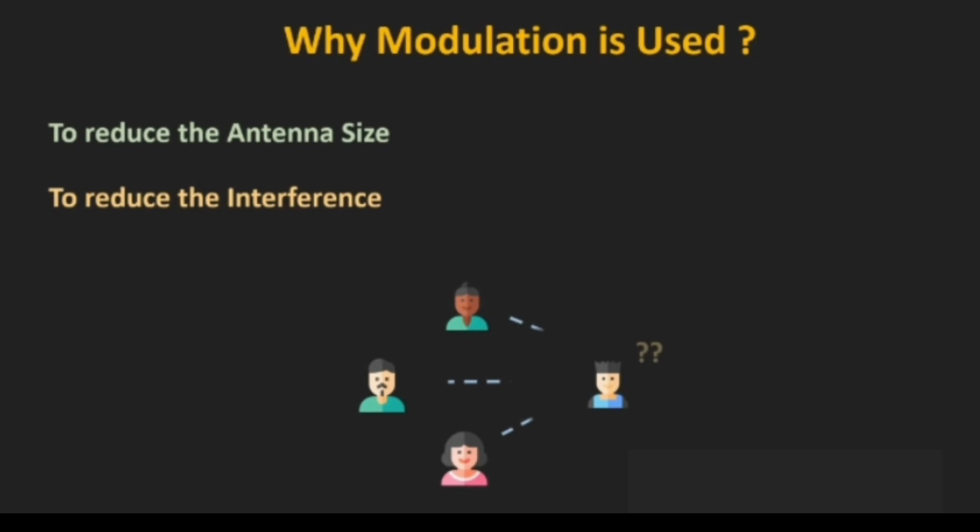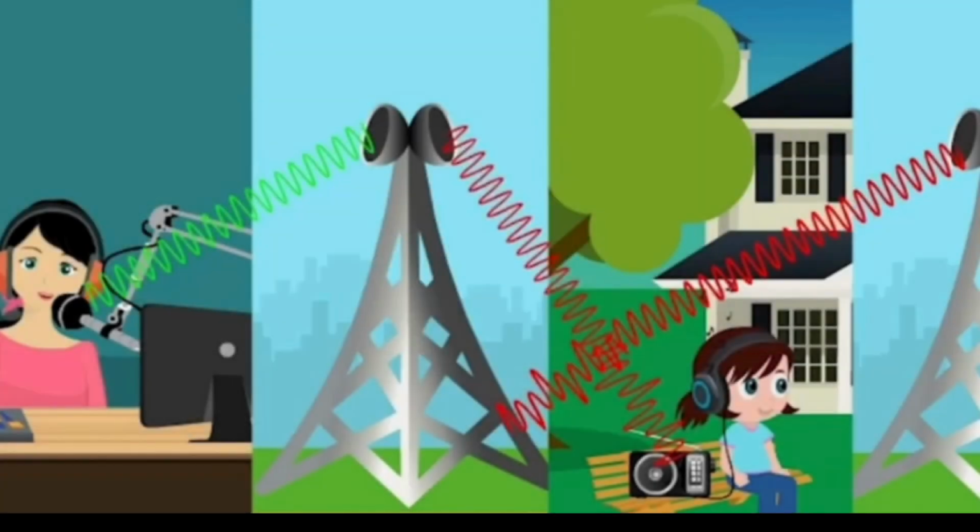We can see it in the example of radio station 2. This is a message signal in the radio station which is transferred to a tower, and there is also a tower nearby where this girl is sitting with the radio. If the frequency of both the signals transmitted from the towers is the same, then the radio will fetch both the signals, and interference will occur.